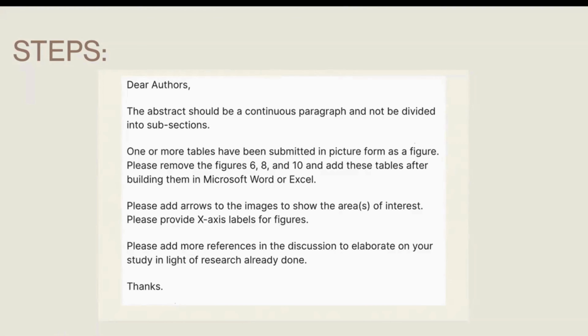Whether the abstract is one paragraph or multiple paragraphs depends on the journal. One or more tables have been submitted as a picture. They want these tables to be added in Microsoft Word or Excel. Again, we've talked about this. Please add arrows to the imaging to show areas of interest. Again, this is a mistake I made, so we put arrows in and sent it again.